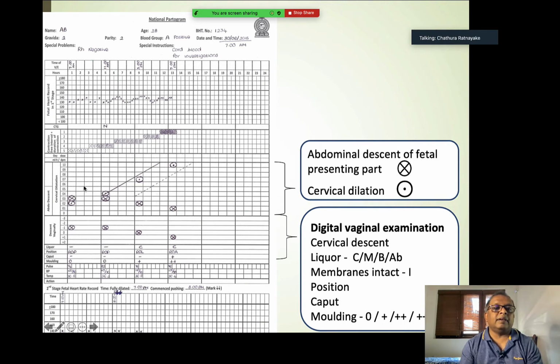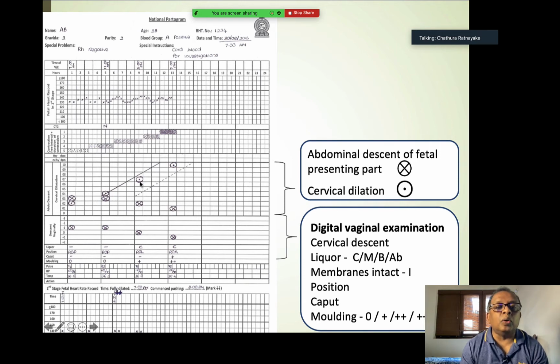Cervical dilatation is marked this way, descent from here downwards, and this bit shows you the digital examination, vaginal examination findings: positions, liquor color, caput, molding, whether it is there, and the descent is marked with this.